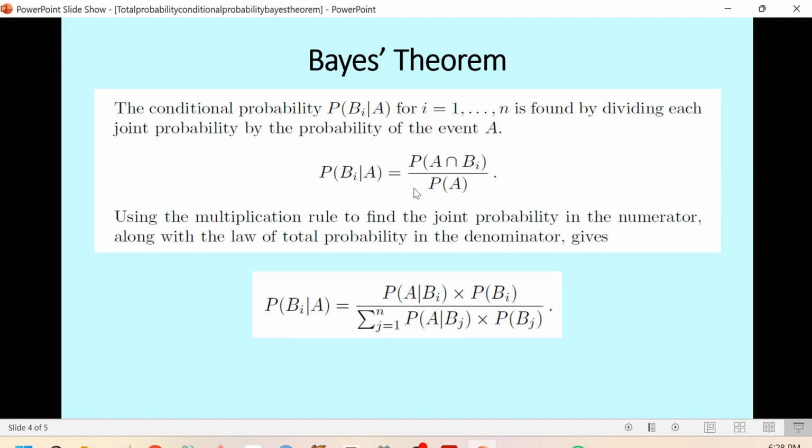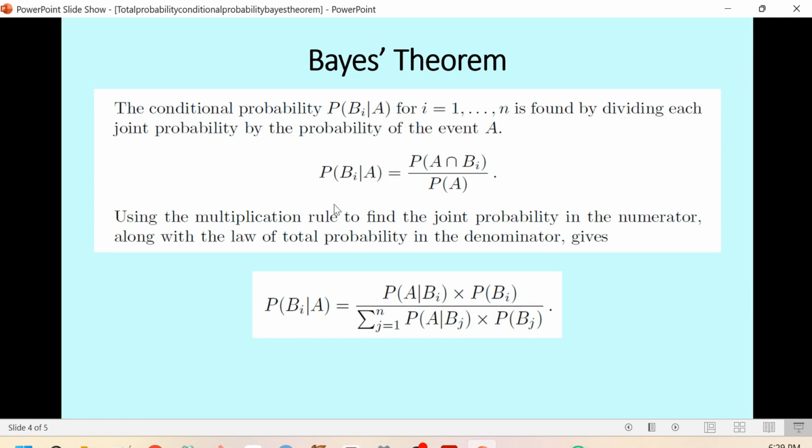Because if we use PA times P of Bi given A, we get the union probability of A and Bi, right? So this is also the conditional probability, just we change the sequence from the previous page. Now we want to know the probability of Bi given A, not the probability of A given Bi.